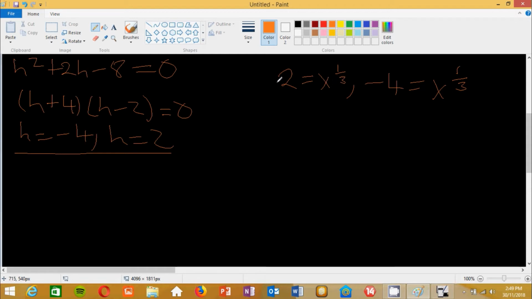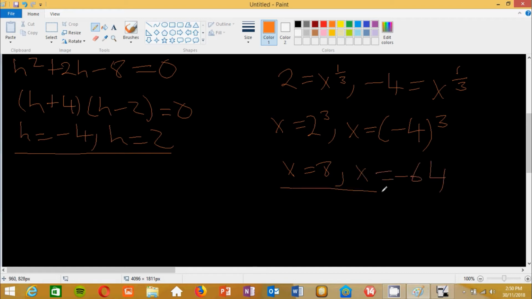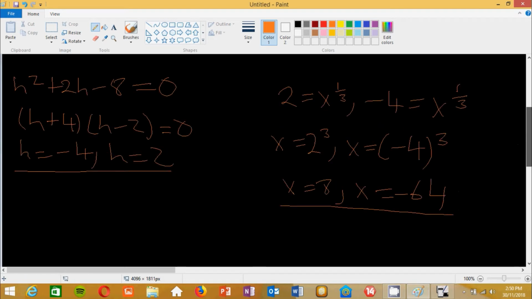What do we do? Raise both sides to the power 3. So x is equal to 2 to the power 3 and x is equal to -4 to the power 3. That means x is equal to 8 and x is equal to -64. And these are my two solutions for x.